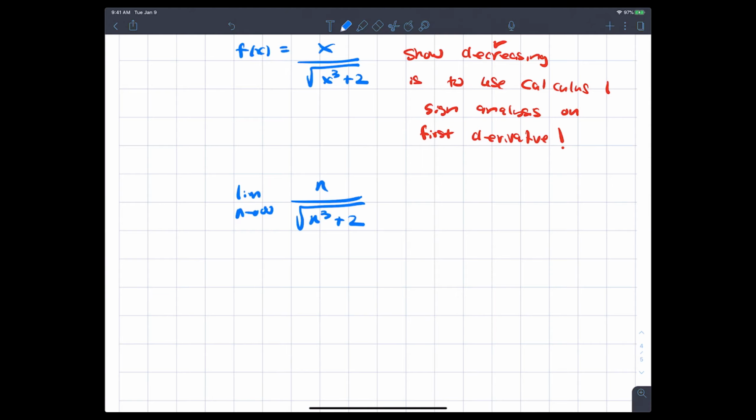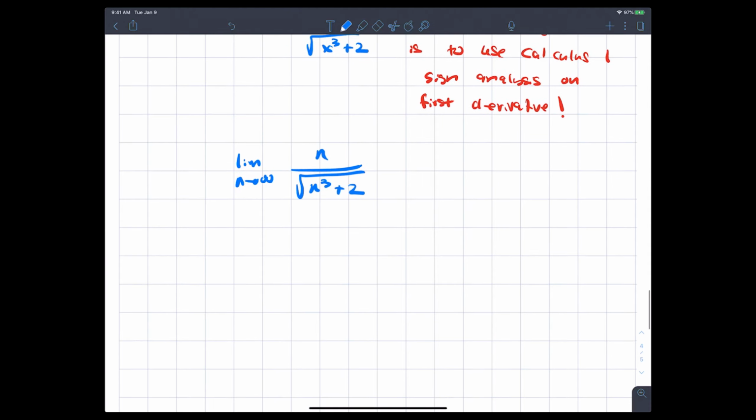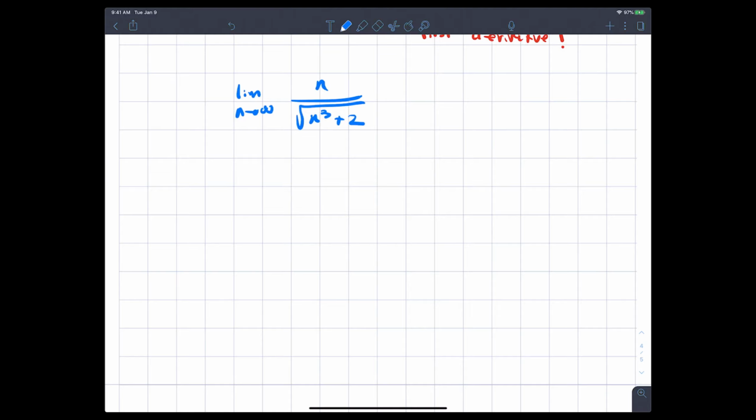All right, so you say, okay, how do we get this limit? This limit here, as n gets big, if you go back to calculus 1, well, we could do a couple of things. How do you show what that limit actually is? You got to go back to calculus 1, maybe.